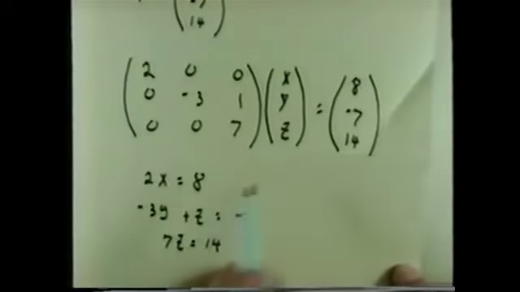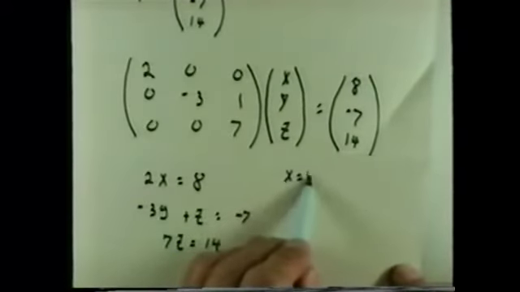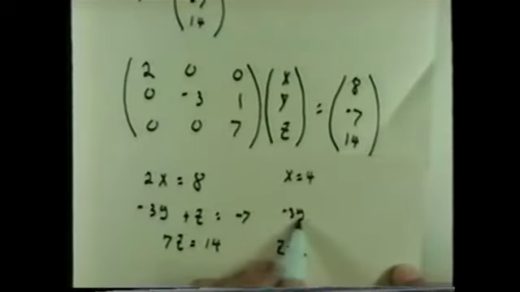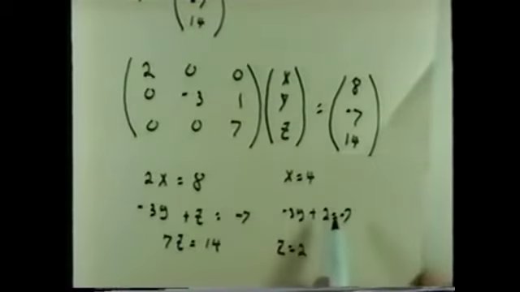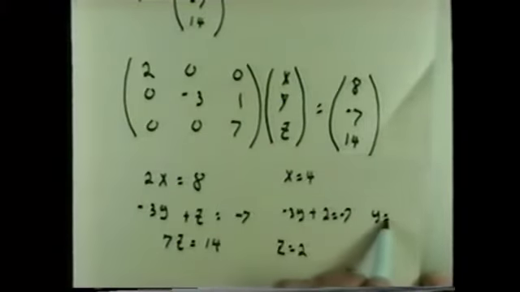I see 2x is equal to 8, so that means x is 4. 7z is equal to 14, so z is 2. And getting the y, we have negative 3y plus z, which is 2, is equal to negative 7. So I have negative 3y is equal to negative 9, or y is 3.